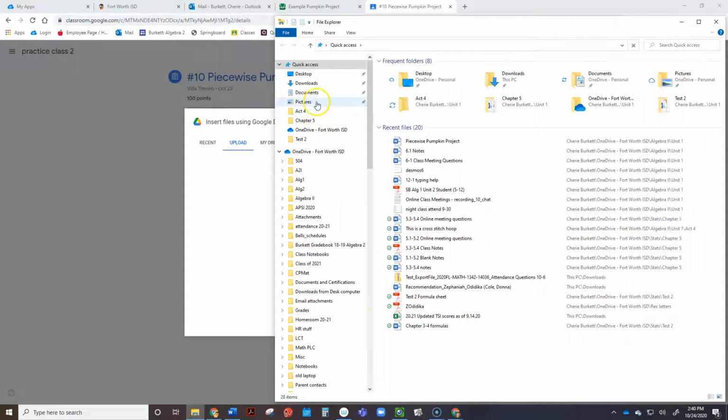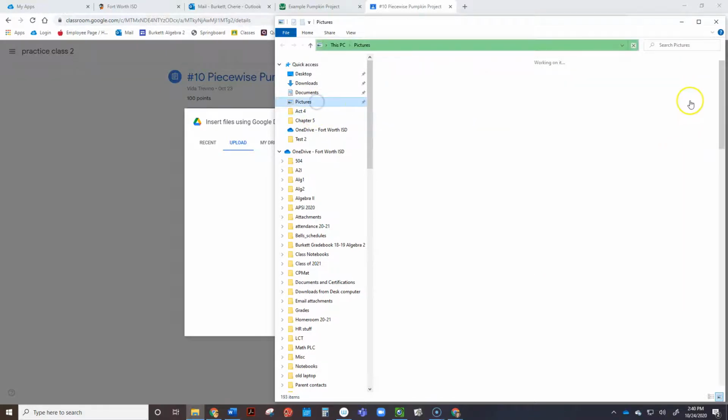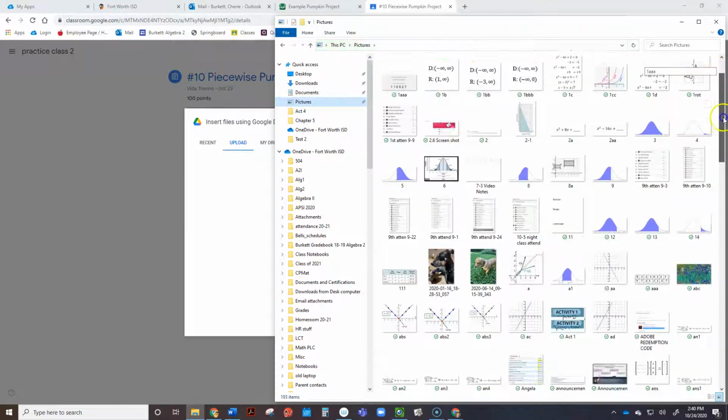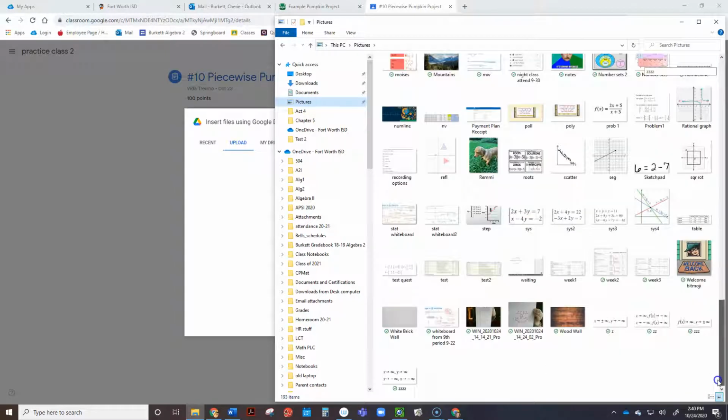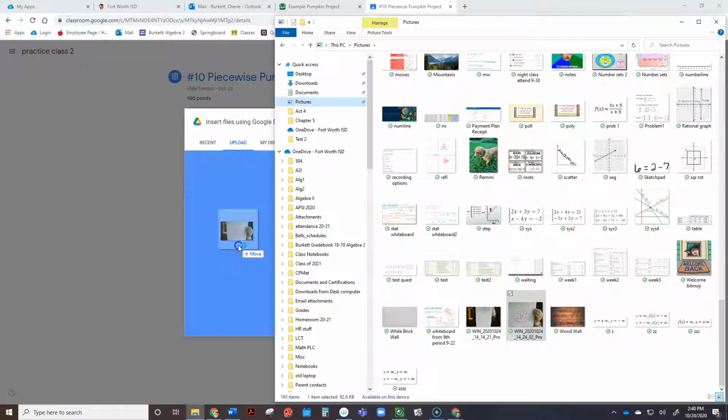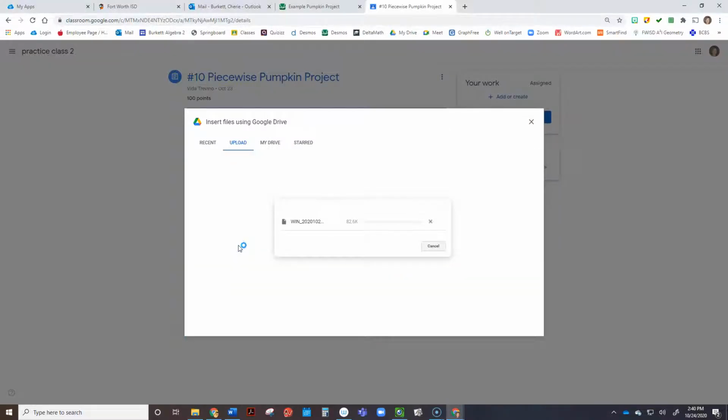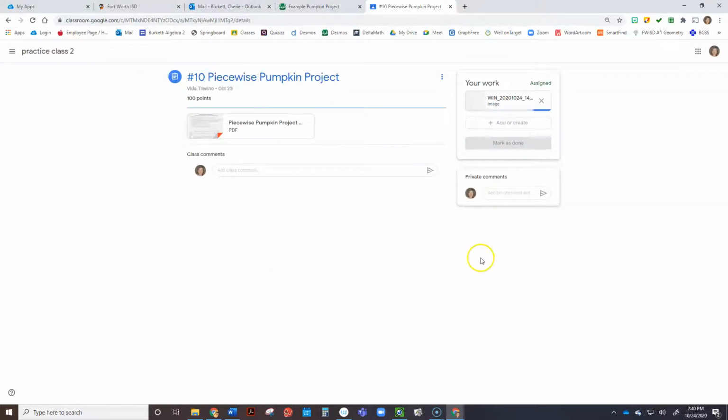So, it's in my picture file, and I think it's way down here at the bottom. Yes. So I'm just going to take this over here. I'm just going to drag and drop. So I took a picture of the face.